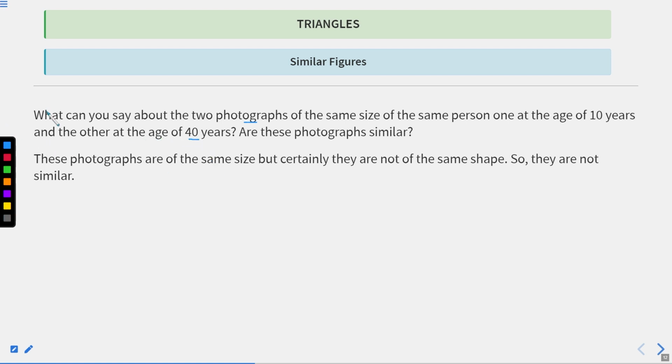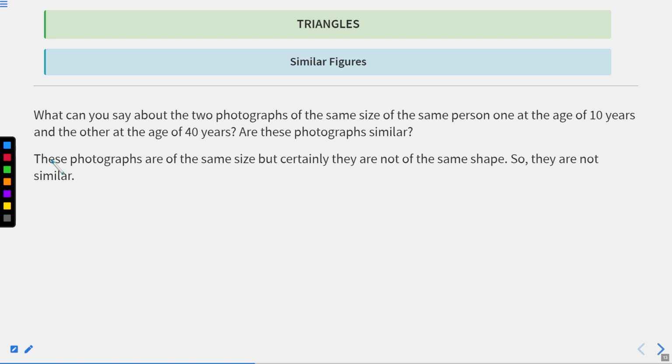Are these photographs similar? The person is the same, but the ages are different. Our answer: these photographs are of the same size, but certainly they are not of the same shape. Therefore, they are not similar.